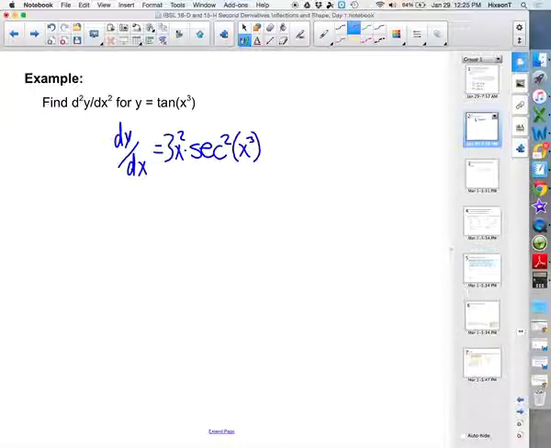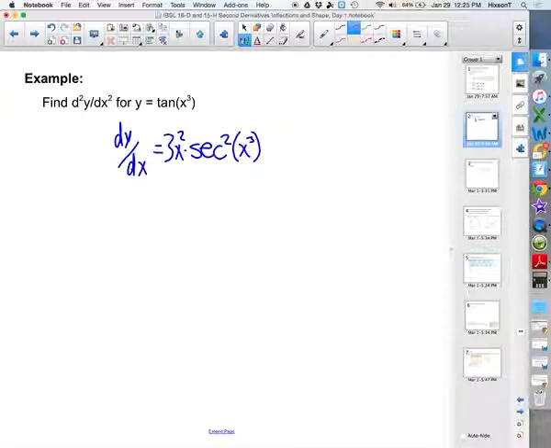If they asked for the derivative of cotangent, you could treat that as tangent to the negative 1 and use the chain rule. That's where you're synthesizing what you know about trig with what you know about calculus, unless you just happen to remember that the derivative of cotangent is negative cosecant squared.